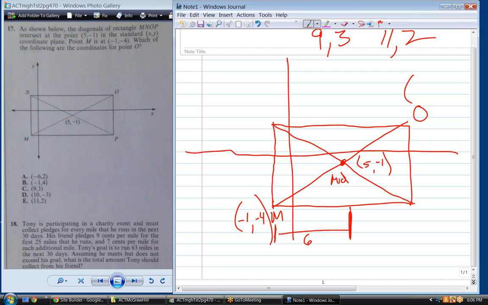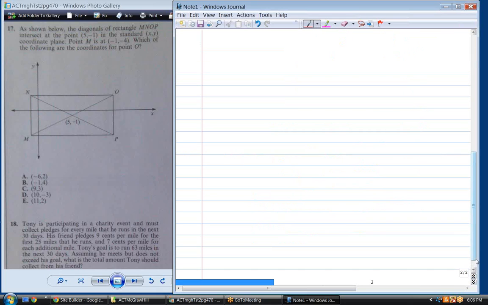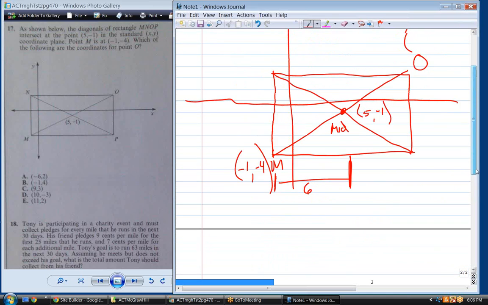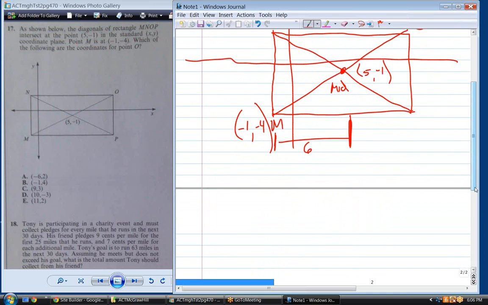Okay? Now, before we go on, the fact that you had a little bit of trouble with that, let's look at a number line. When I say how far is it between -1 and 5, I don't really care whether it's plus or minus. I'm just looking for a distance. Well, what's the distance between -1 and 5? 6.